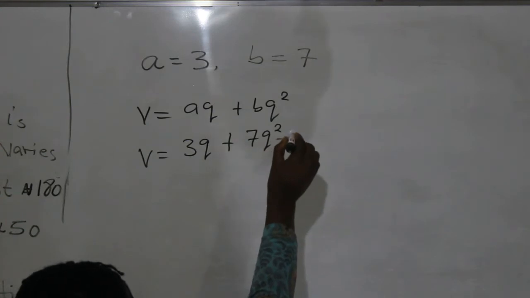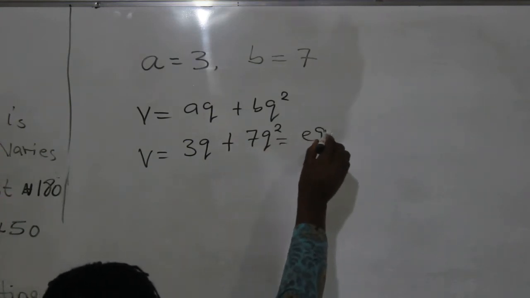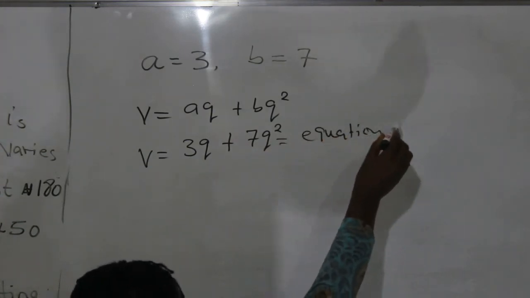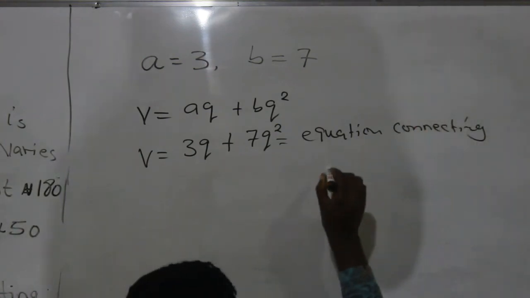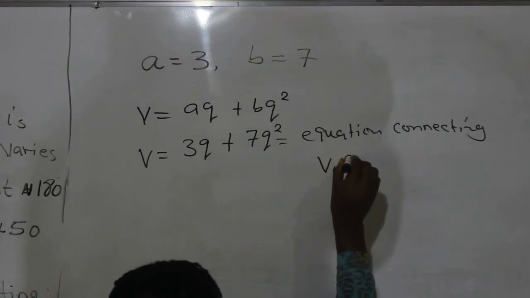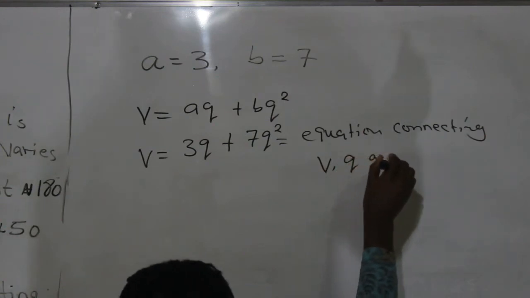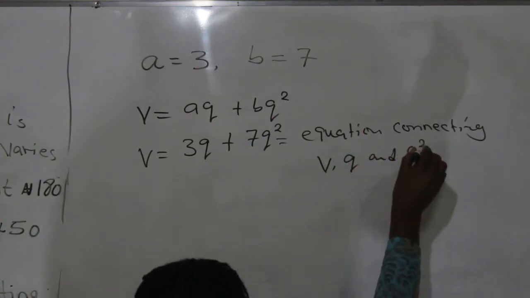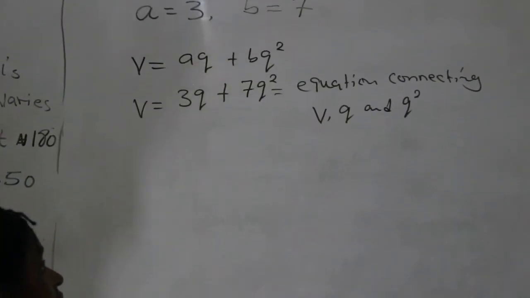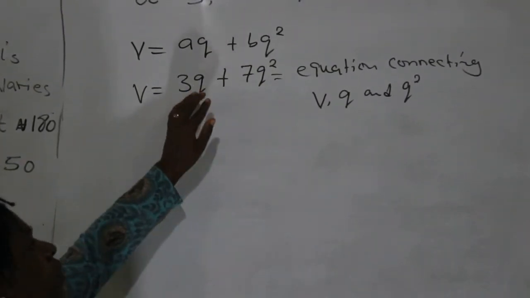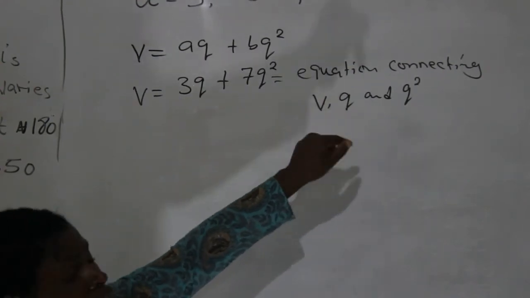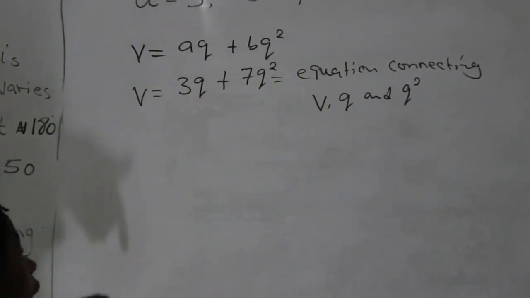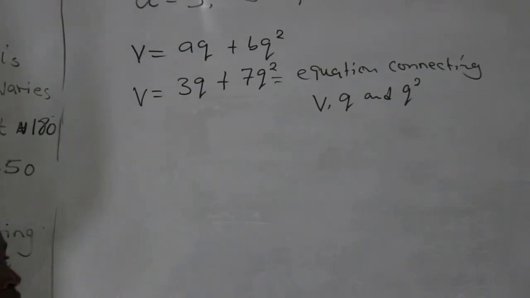So this one now is the equation connecting V, Q, and Q squared. So that is the equation connecting them. So it's from this equation that we will find the value of V.